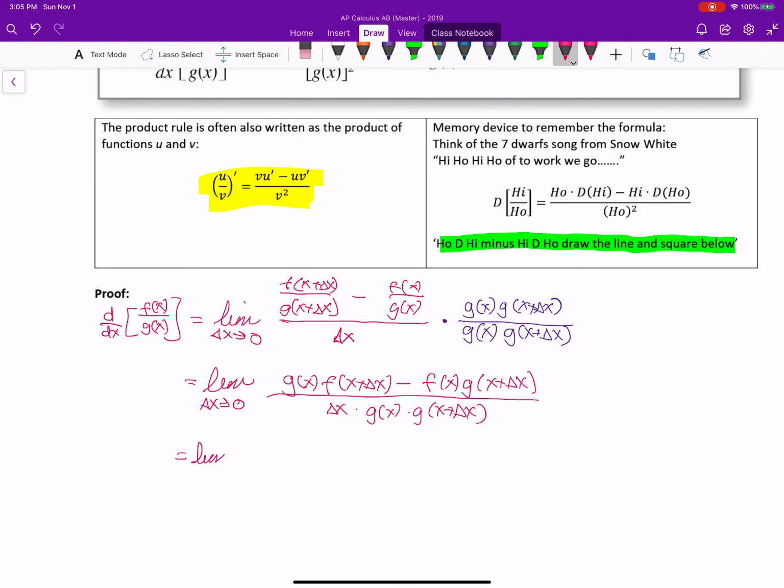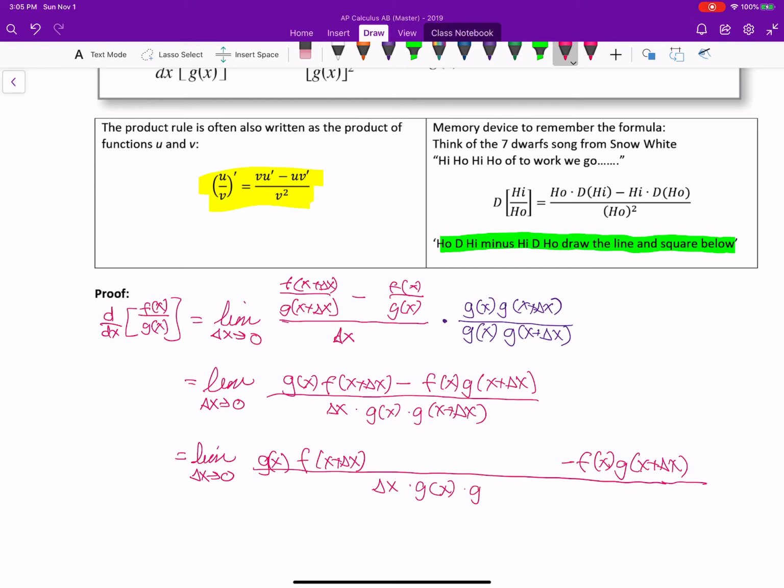So I'm going to do the limit as delta x approaches 0 of g of x times f of x plus delta x. Then I'm going to add and subtract the same two terms in the middle here. So I have minus f of x times g of x plus delta x here on the end, over delta x times g of x times g of x plus delta x, like that.